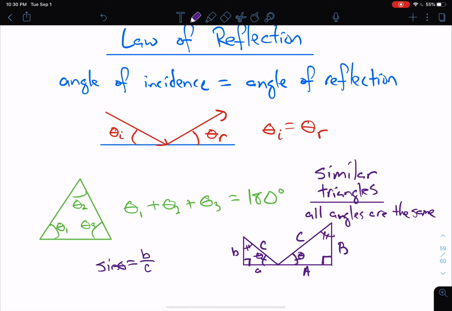So lowercase b over lowercase c, but I've got that same angle here, so it has to be equal to the opposite over the hypotenuse of this.